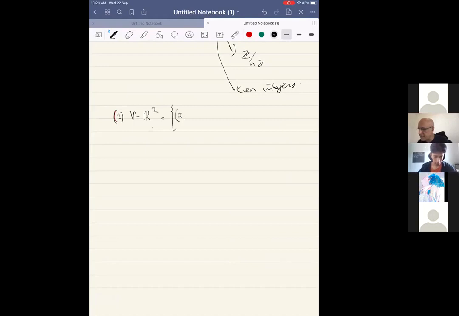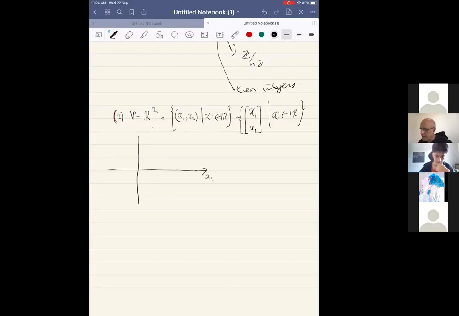I can write it as (x1, x2), with xi real, or as I prefer, as a column vector, xi real. And for those who like pictures, R2 is just the xy plane. I will call it the x1, x2 plane instead. So R2 consists of points in this plane.